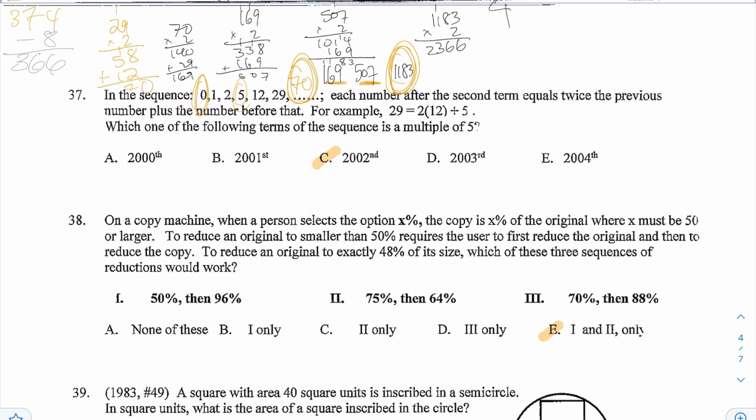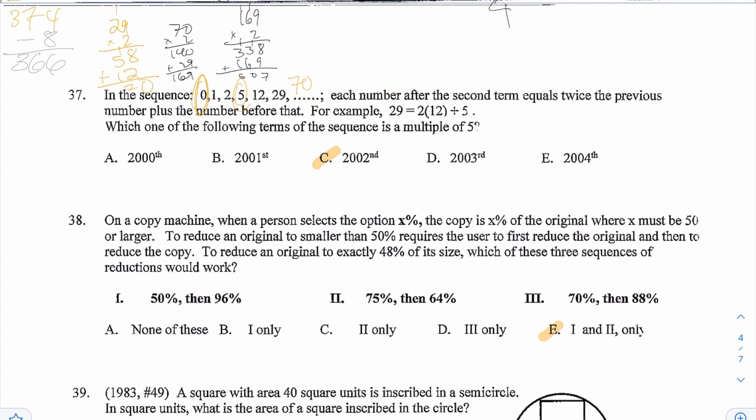All right, so let me just double check. Oh, sorry, there's a mistake here.